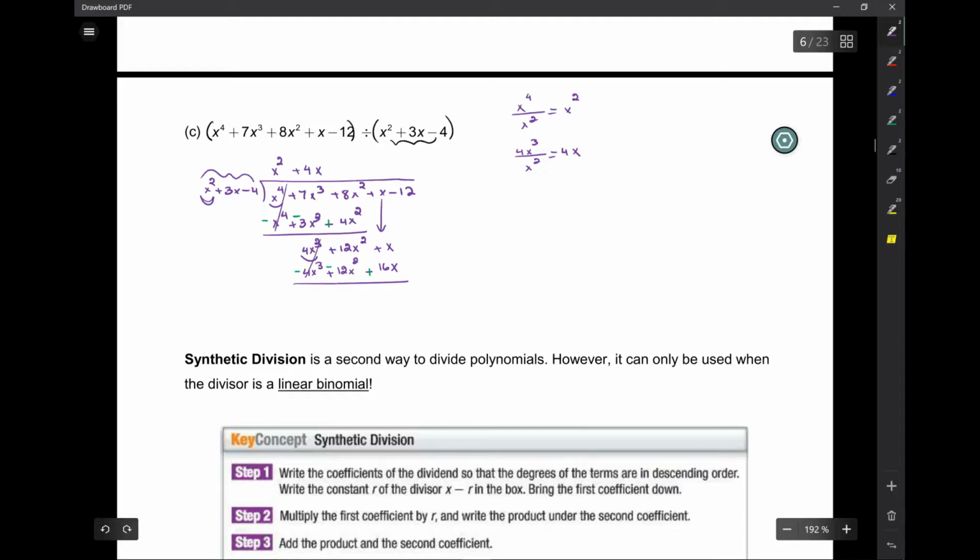This goes away, this goes away. Here I have 17x minus 12. Okay, now that the exponent here is less than the exponent of the divisor, we're done. So this is just going to be a remainder. So my answer will be x squared plus 4x, that's the quotient, plus the remainder over the divisor.